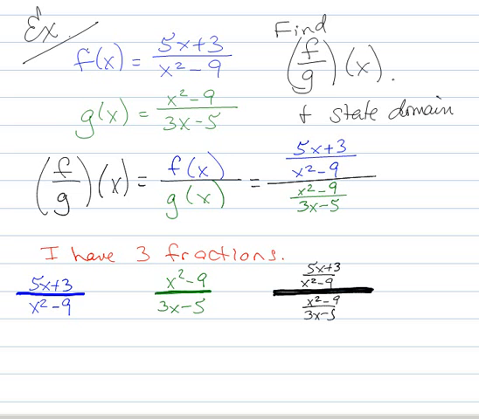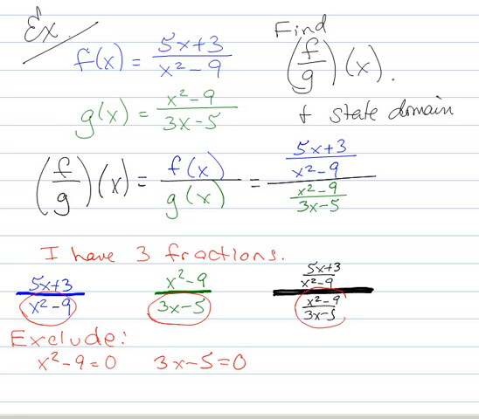So I don't want to divide by 0 on any of these. So I want to exclude where x squared minus 9 is 0. I want to exclude where 3x minus 5 is 0.